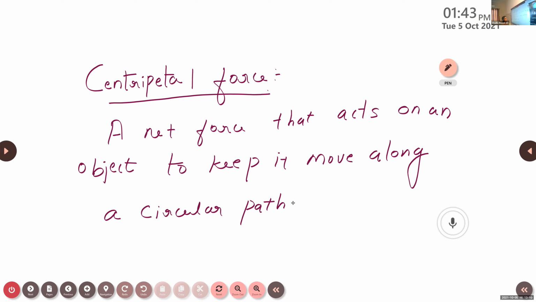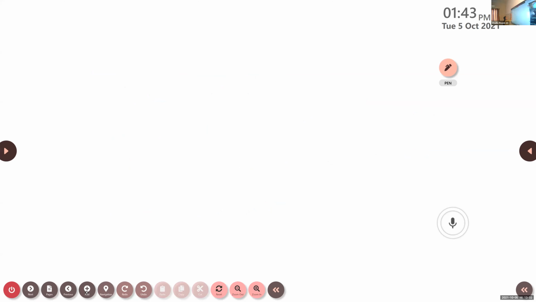That is what is known as centripetal force. Write the expression for centripetal force. Equation for centripetal force.